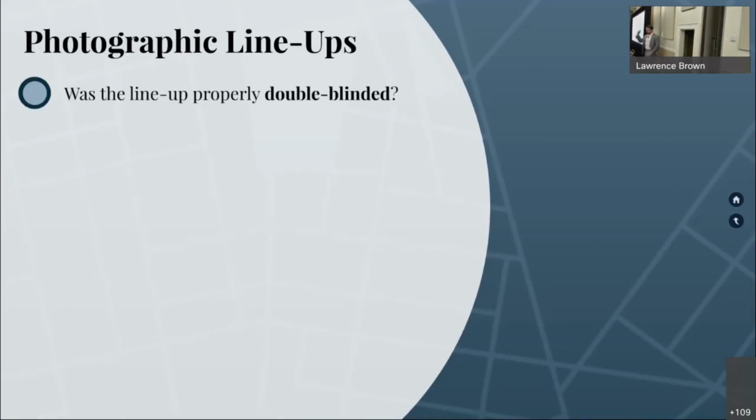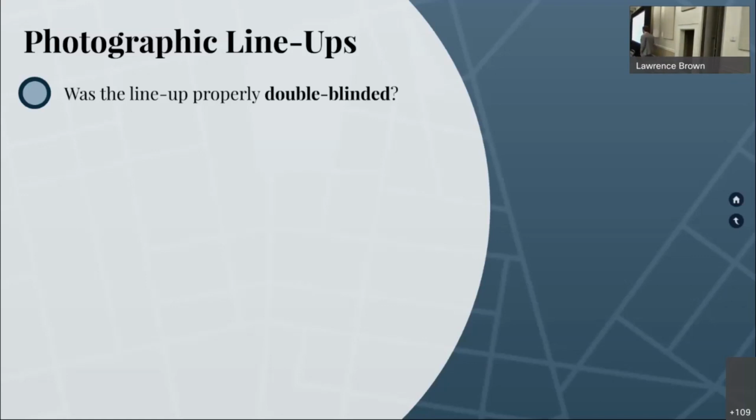blinding, that is the scientific method, essentially, or part of the scientific method, is really important when we're providing lineups, because even if an officer does not mean to provide any cues, there are a number of unconscious cues that someone can unconsciously pick up on that can influence their decision.